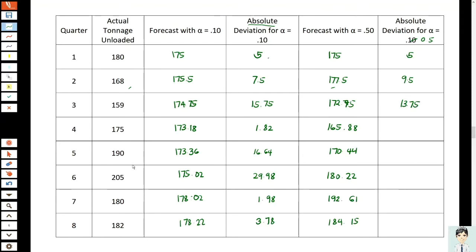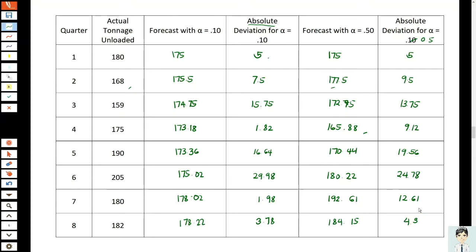Okay po. So sa fourth quarter, 175 minus 165.88, it is 9.12. So sa fifth quarter, we have 19.56. For the sixth quarter, we have 24.78. For the seventh quarter, we have 12.61. And lastly, we have 4.3.